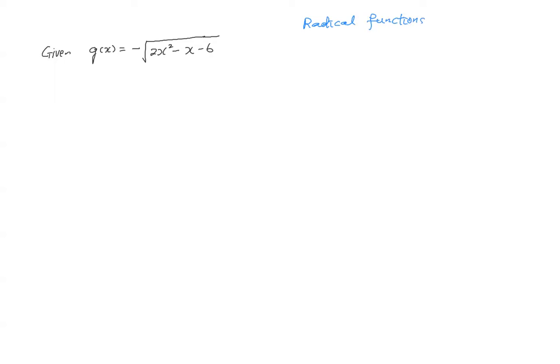That means our function here can be plus, can be minus, and square root, and inside there is an expression. The expression here can be positive, can be polynomial, can be anything, can be rational also.